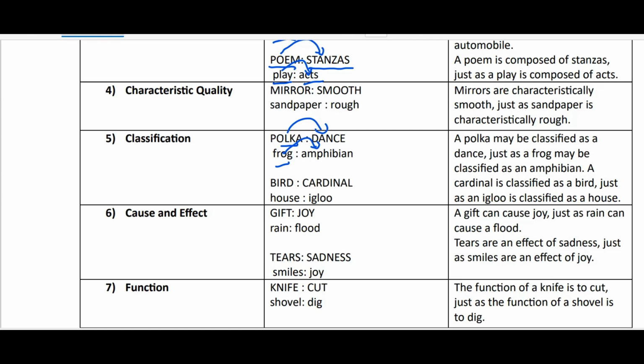So polka is classified as a dance, just as a frog is classified as an amphibian. Also, it could be the other way around, like here, bird is the group, and then the cardinal is classified as a bird, just as an igloo is classified as a house. It should be in the same order.